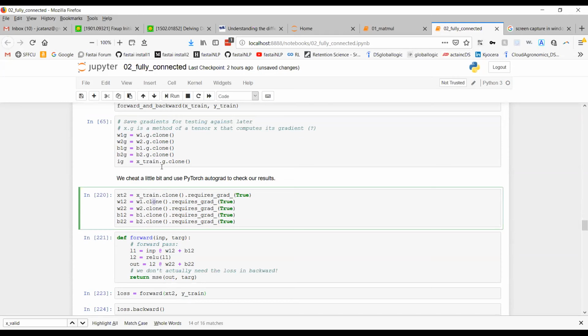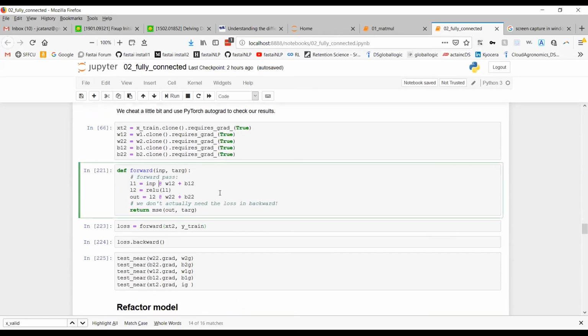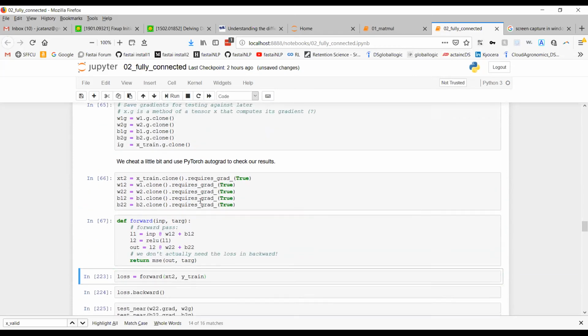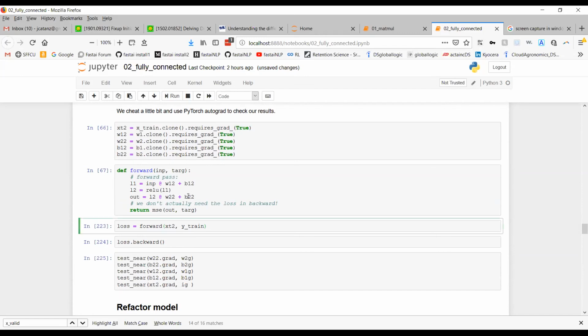All right. Now he says, since we've already figured out how to do this on our own, we get to use PyTorch. So now you can do the same thing with PyTorch. Then he defines just the forward pass with this function. And then he calculates the loss. I guess the output of the forward pass is just the MSE, the mean squared error.